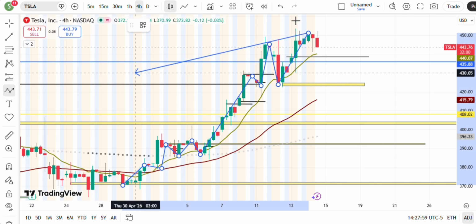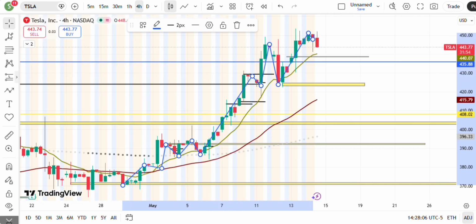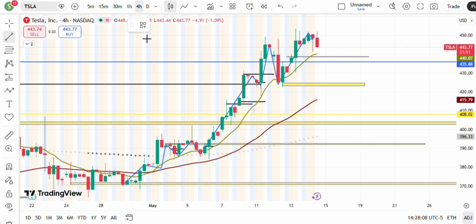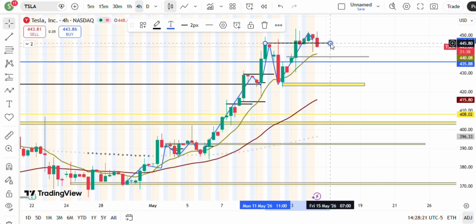Let's mark it up. Look how it broke this level. Now this is an indication that it's either going to retest, but I know that if it retests this level, then we're going back up.